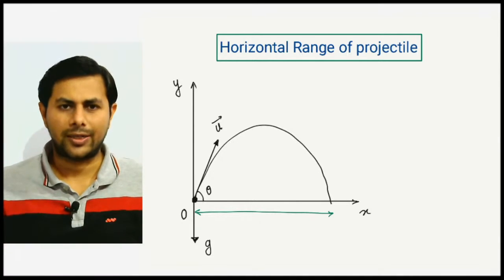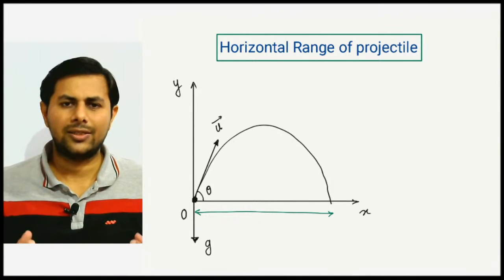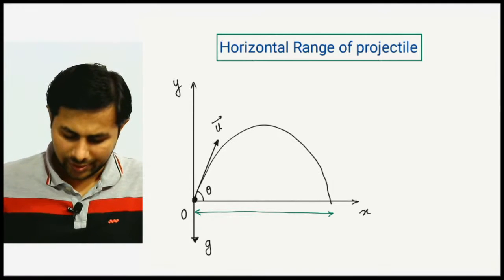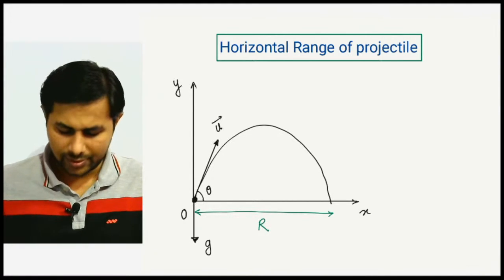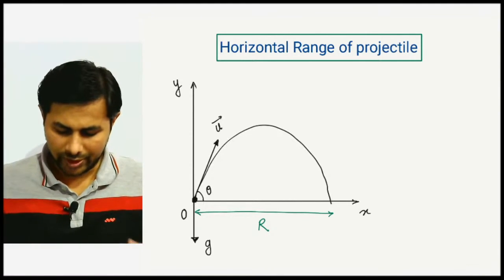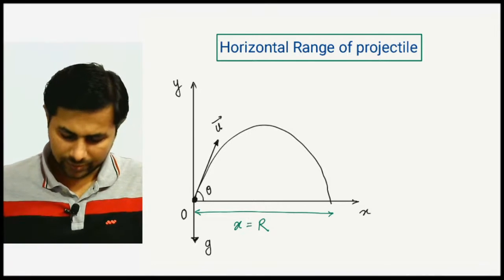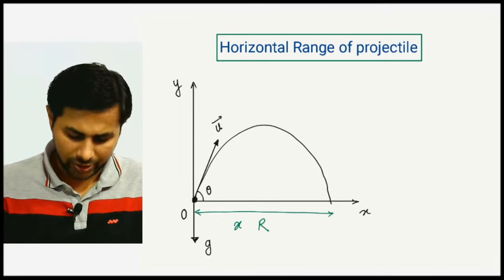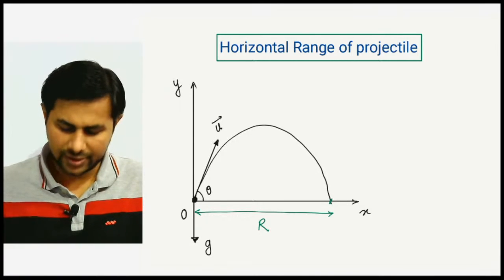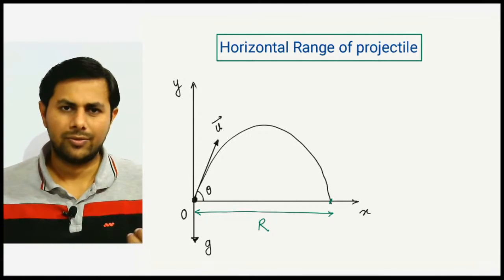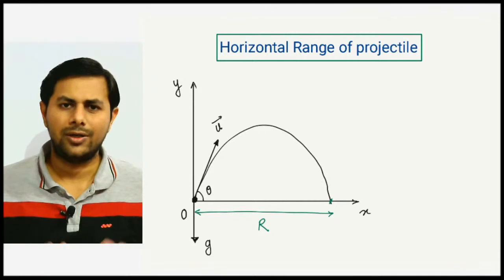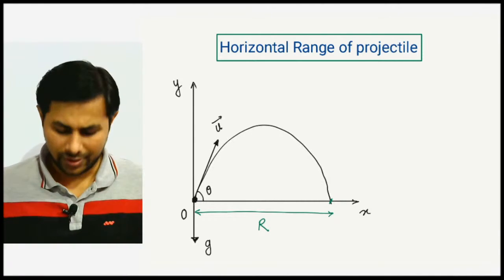That we want to find out, and that distance is known as the horizontal range. So we denote it by r. For this point we can say x is equal to r, and we want to find an equation for this horizontal range now.